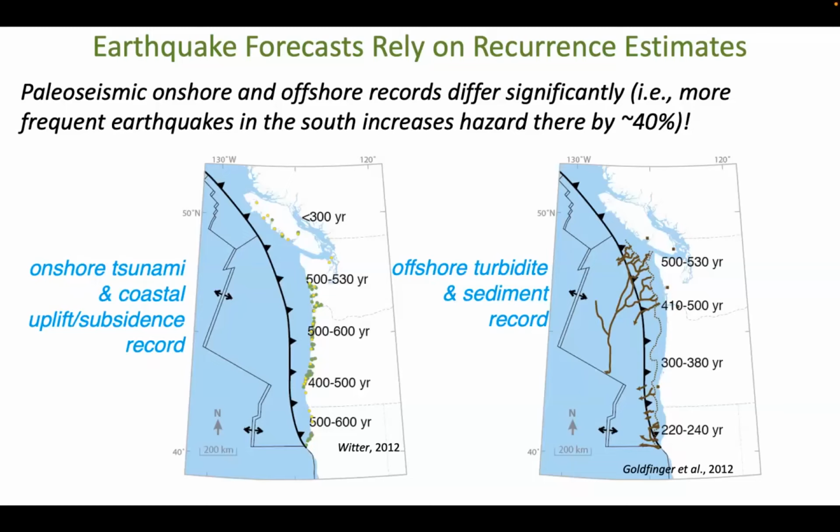There's a big difference in the recurrence estimates. This has a big impact: a 40% difference in the hazard depending on which recurrence model interpretation you choose.